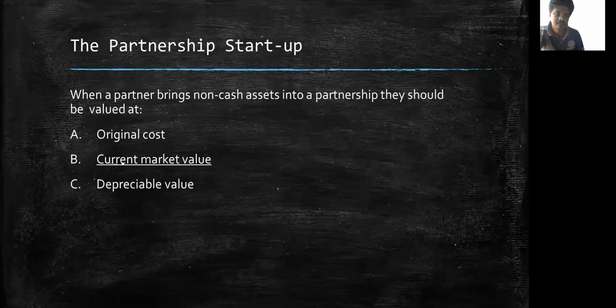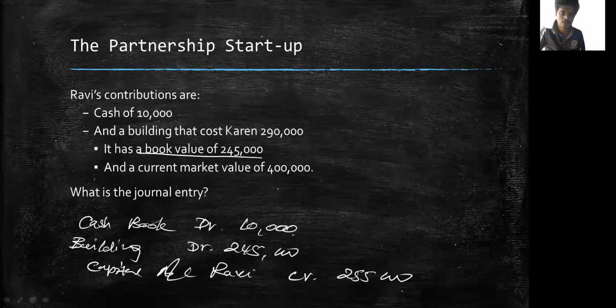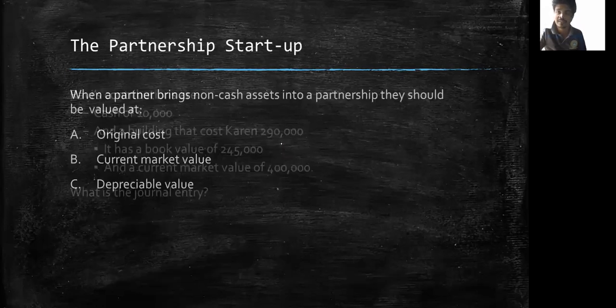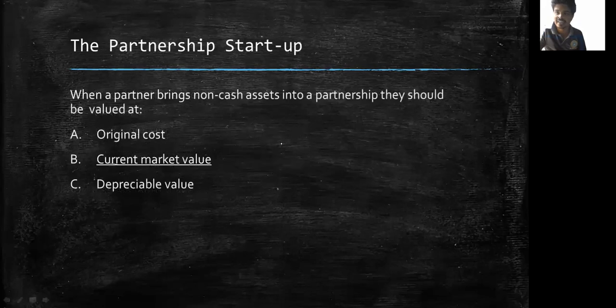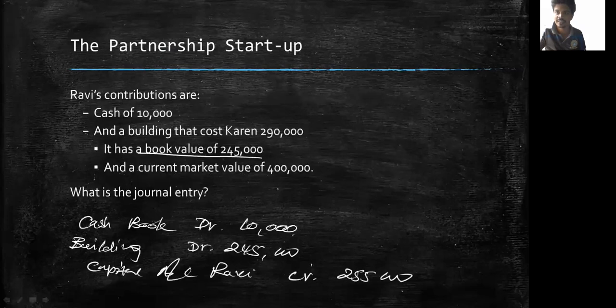Okay, we can go for current market value normally, as well as we did here, we can go for book value too. But when we are moving to current market value, we need to do certain adjustments.